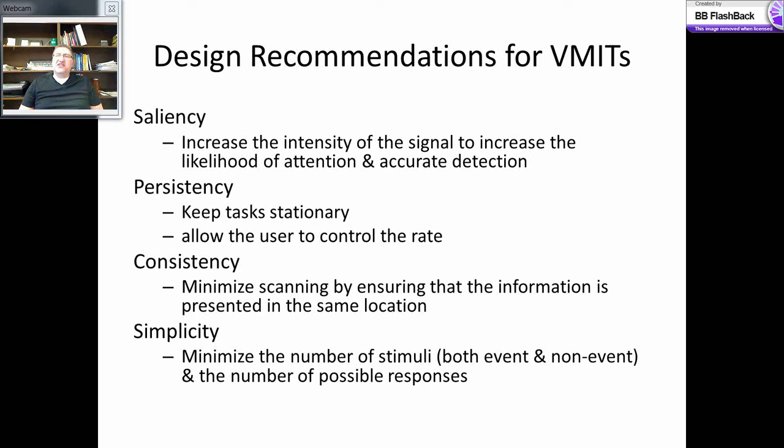So when we say keep the task stationary, what we mean is, if I'm an assembler, or say an inspector, and I'm inspecting parts, looking at those welds again, keeping the task stationary means that I don't sometimes get them in boxes that I have to unpack, and other times they're individual, and sometimes they're stacked on each other, and sometimes they come with the parts attached, and sometimes they're not, right? Let's be persistent so that I can do the thing that I do. And I am in control of how often I do it or when it's appropriate. So if I need to take a break, I can. That's called persistency, and that's not a great name for it, I admit.